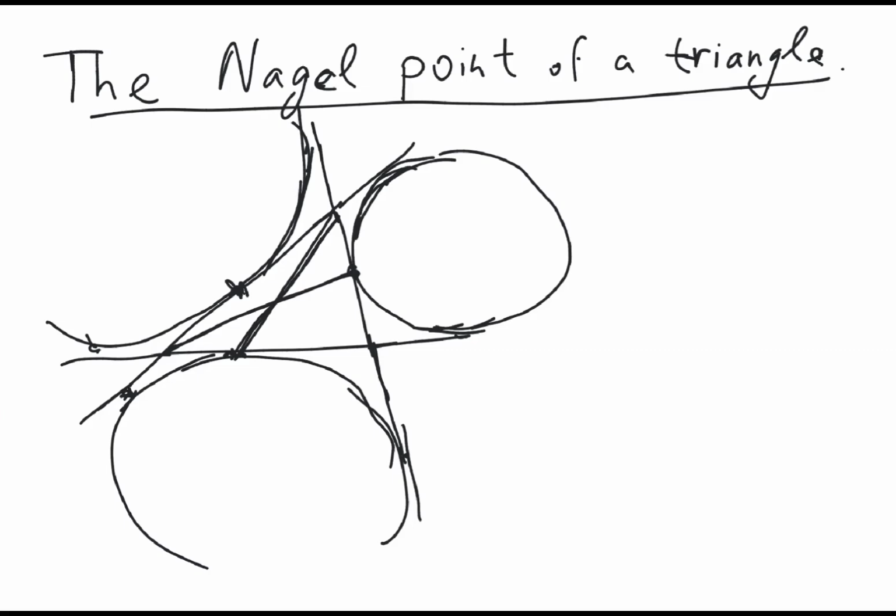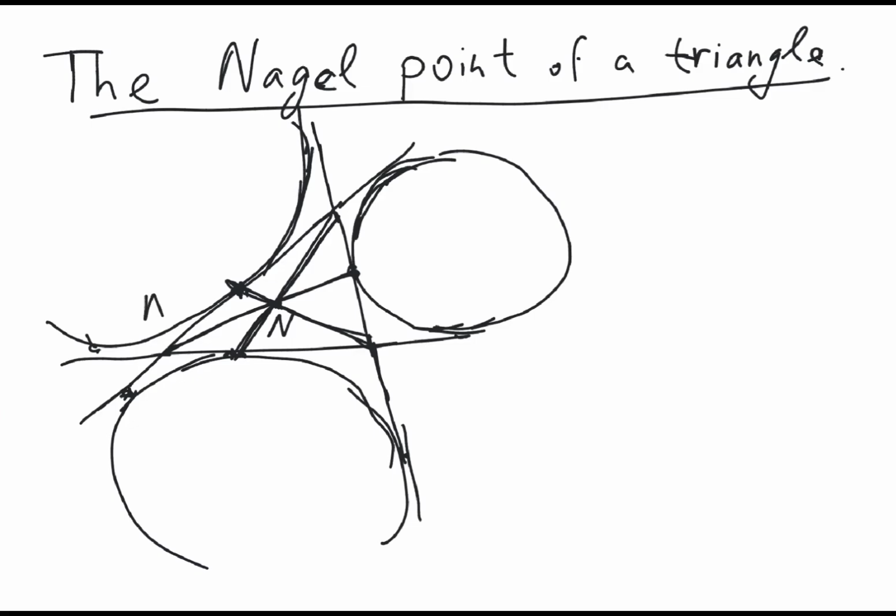So like this, and like this. And it turns out that these three lines intersect at a single point, and this point is called the Nagel point of the triangle.